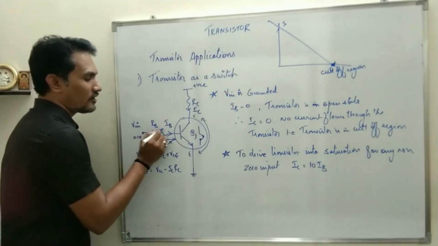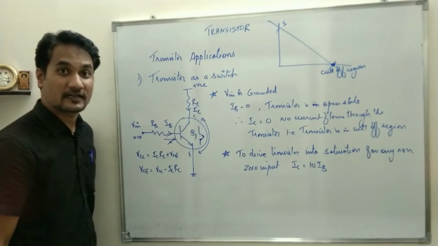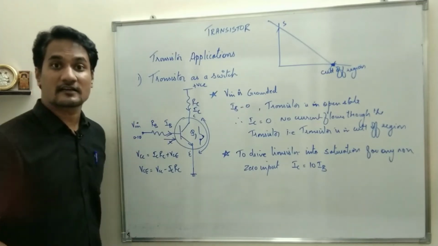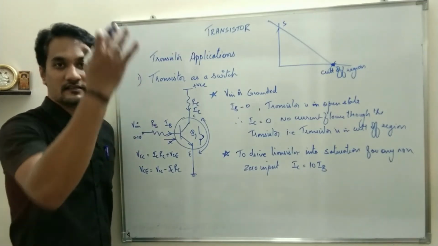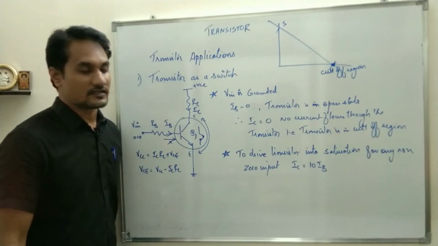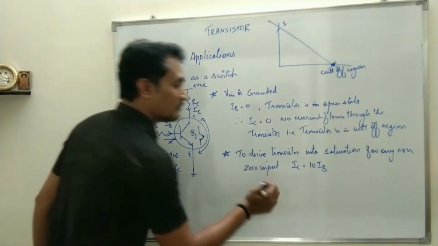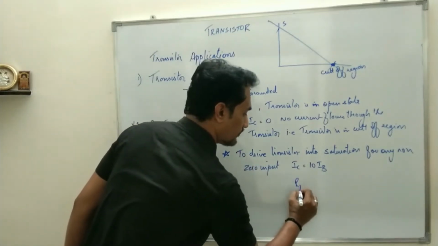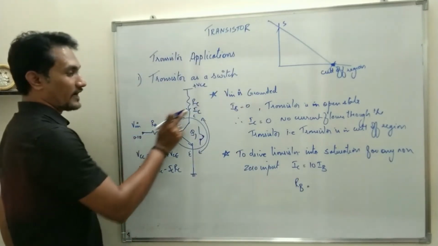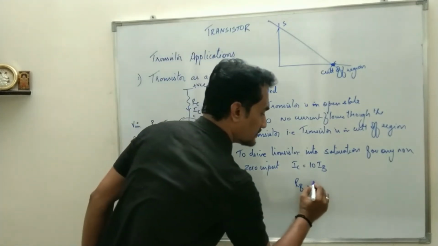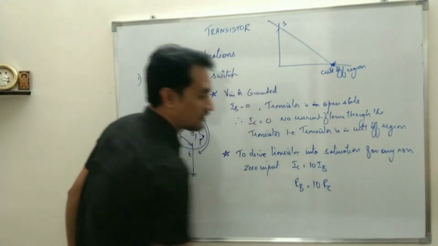That means for a small base current, large amount of collector current flows, and when large collector current flows into the transistor, we say the transistor is working in saturation region. Okay, so IC should be 10 times that of IB, and this can be achieved by selecting the value of RB and RC in such a way that RB should be 10 times that of RC.